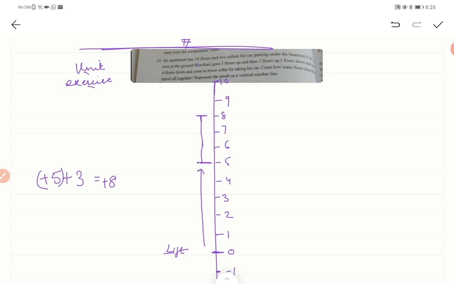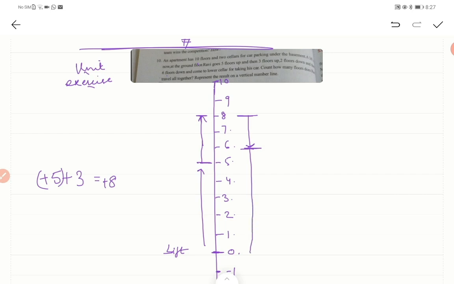Now he is going 2 floors down and then 6 floors down. He is at the 8th floor now. From the 8th floor he is going 2 floors down: 1, 2. So he has reached the 6th floor now. Then he is going 6 floors down: 1, 2, 3, 4, 5, 6.